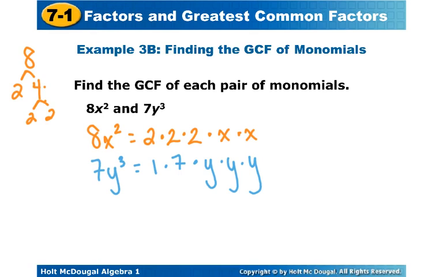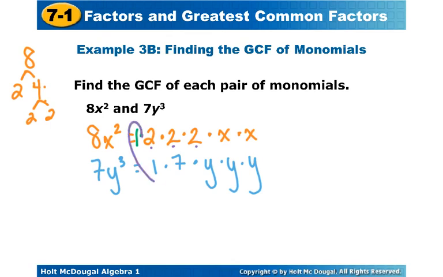Now, if I notice, there's no terms that they're really sharing. However, could I add a 1 in right here and say 1 times 2 times 2 times 2 times x times x means 8x squared? The answer is yes. So in this case now, they're not always going to share a number that came from the prime factorization.